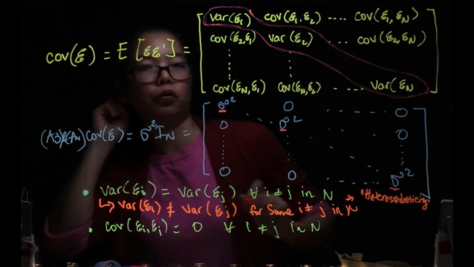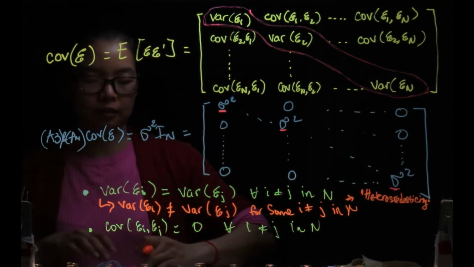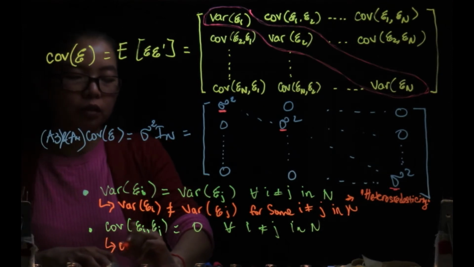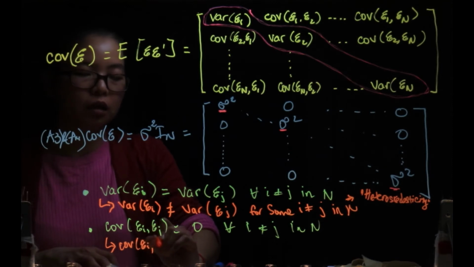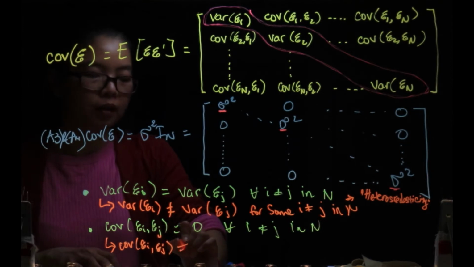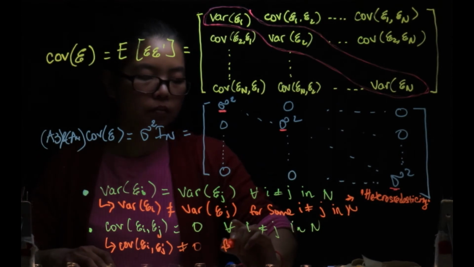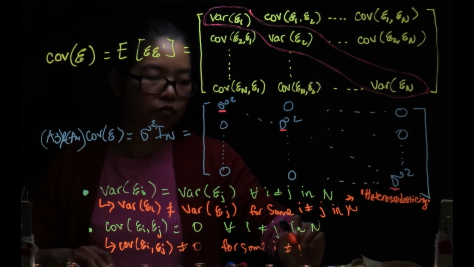You must be exposed to this to some certain extent already. And the second one can be violated in a way that the covariance of epsilon i and epsilon j is different from 0 for some i different from j again.